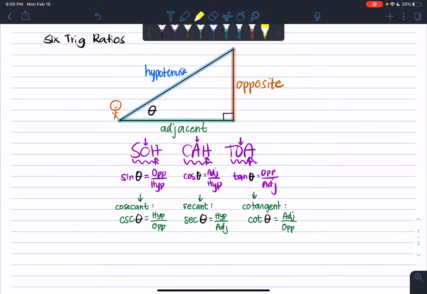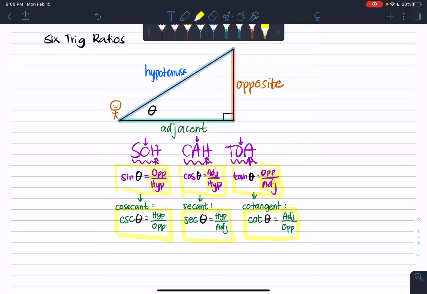All right, so let's take a look at what just happened here. We took each of the 3 trig ratios that we've learned about, flipped each ratio to get the other 3 trig ratios.